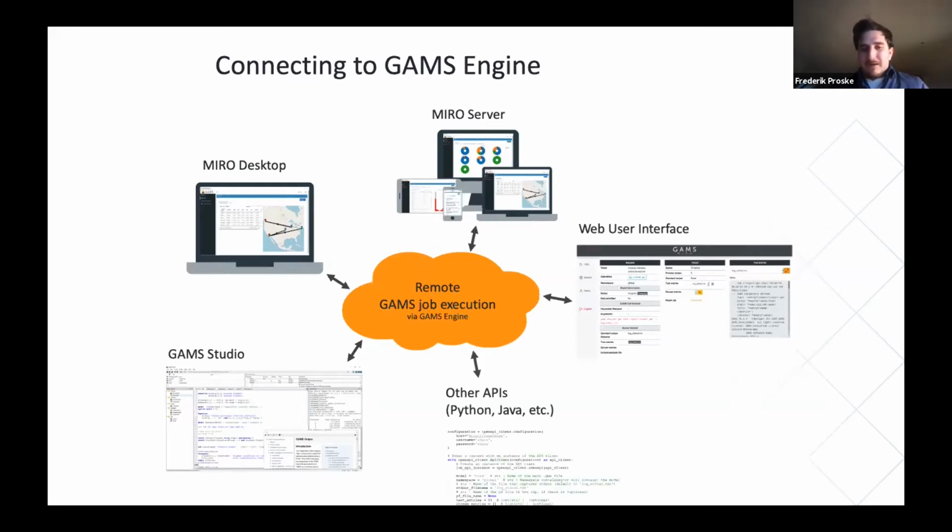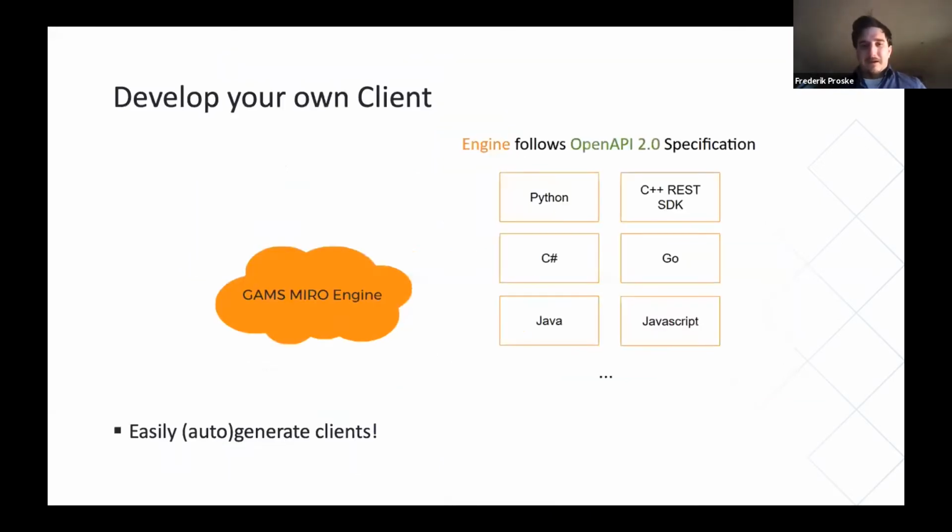And then GAMS Engine comes with APIs for all sorts of programming languages. And that's because we follow what, for those of you who have worked with REST APIs before, is called the OpenAPI specification. And if you follow that, you get clients for all sorts of programming languages for free, basically. So this is a specification for REST APIs that we follow.